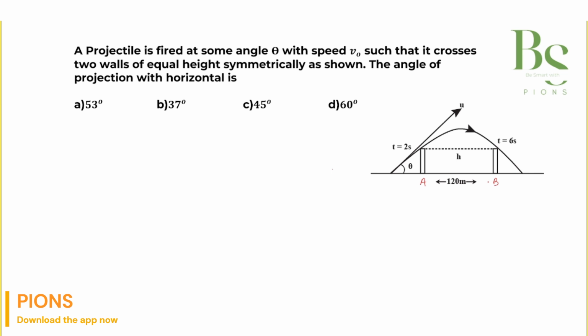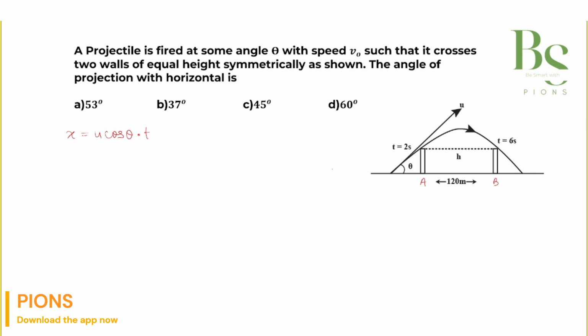Okay. So let's now use the equations. When you are throwing a projectile, what is our equation of motion along x-axis? So x is nothing but u cos theta t, because u cos theta is the horizontal component of the velocity, and at any later time t, you can figure out its x coordinate using this.